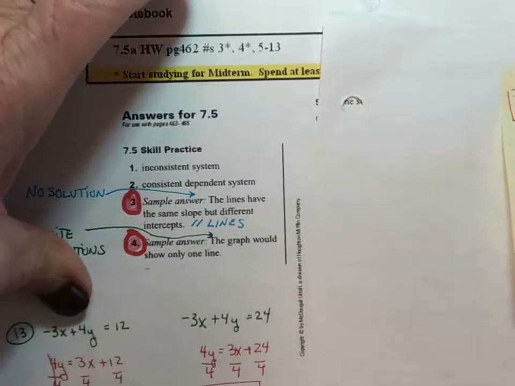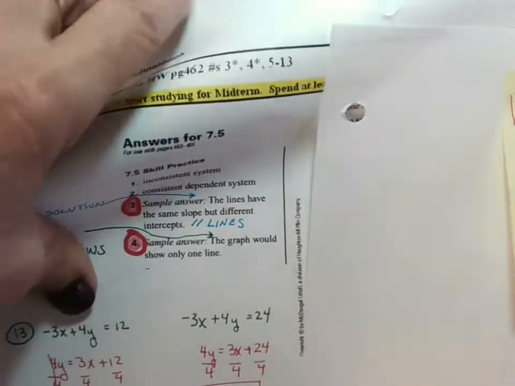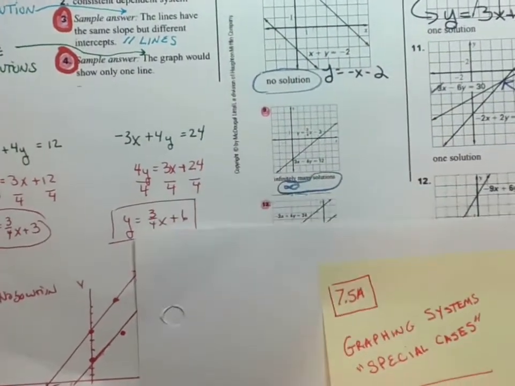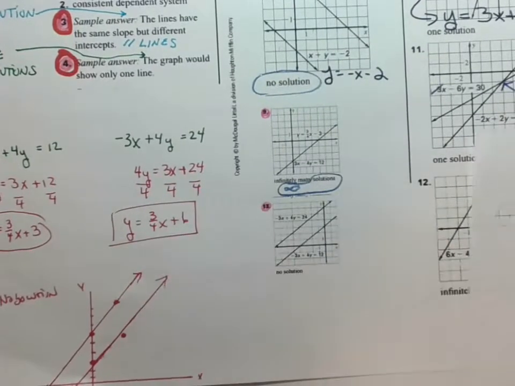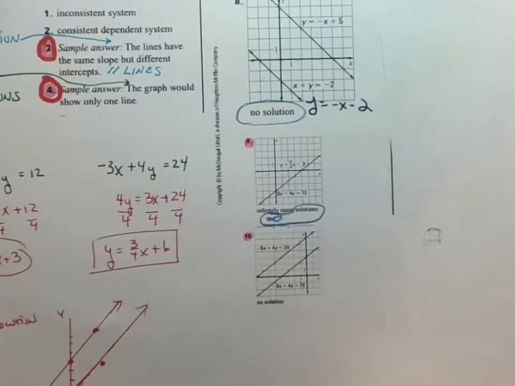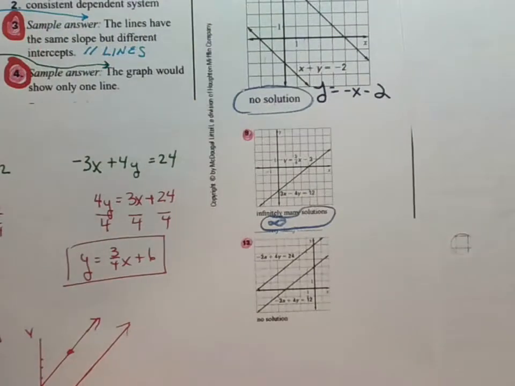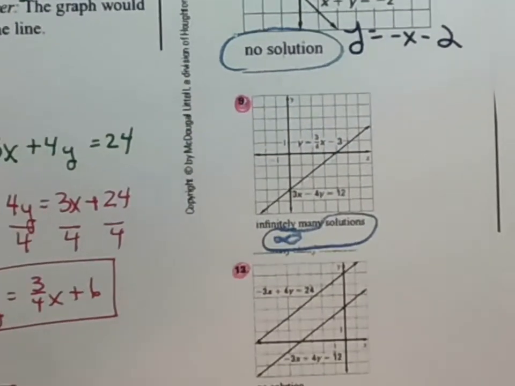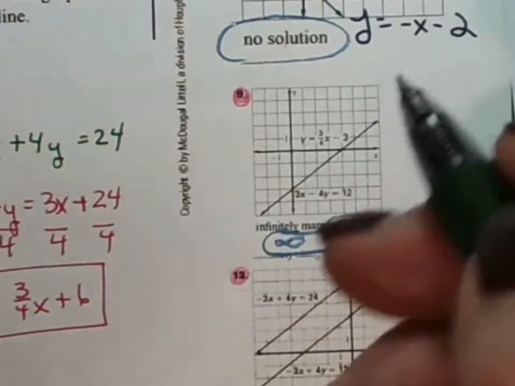Okay. Then you had to do number 9 and 13. I was really nice because I gave you examples that were odds, but I just want to go over them. Okay.